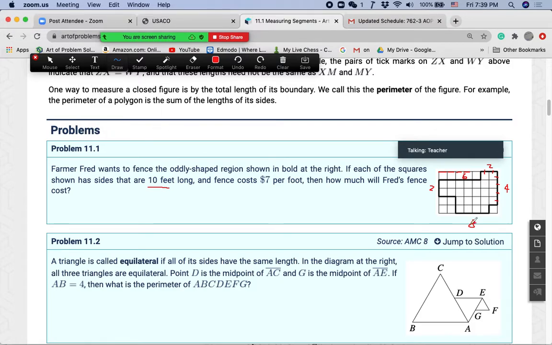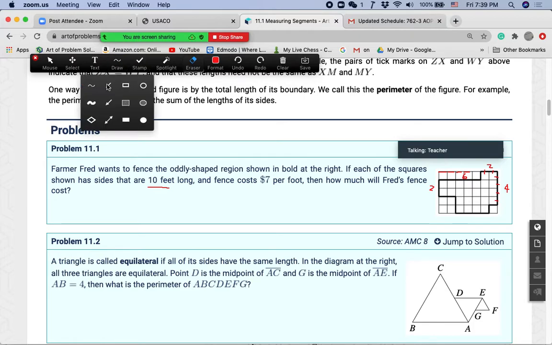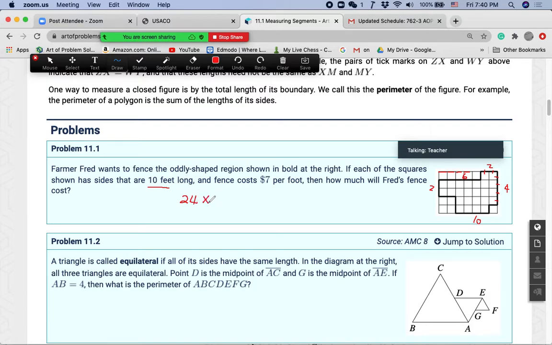Okay. So, Sean, thank you. This one's 10. So then totally, you add this number together, you get 24, right? So then you have 24 10 feet. So total length, that's 24 times 10.